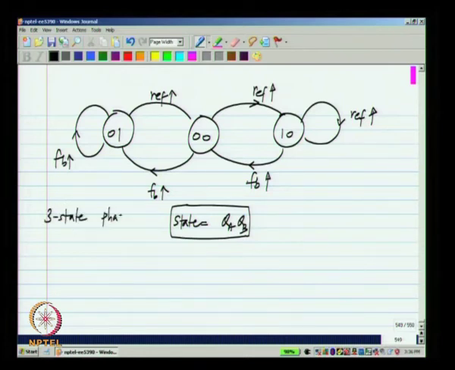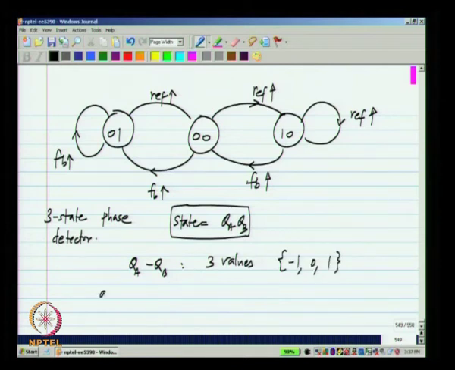This is known as the 3-state phase detector. The output QA minus QB takes on 3 values as well, which are -1, 0 and 1, and the average value of QA minus QB is what gives you a measure of the phase difference. It will be delta phi by 2 pi times VPD.